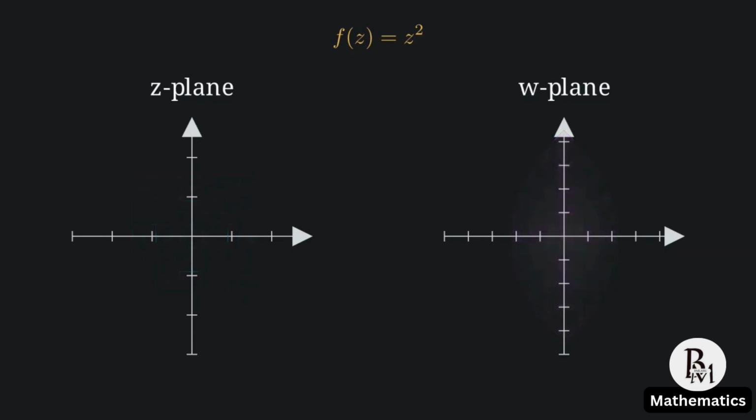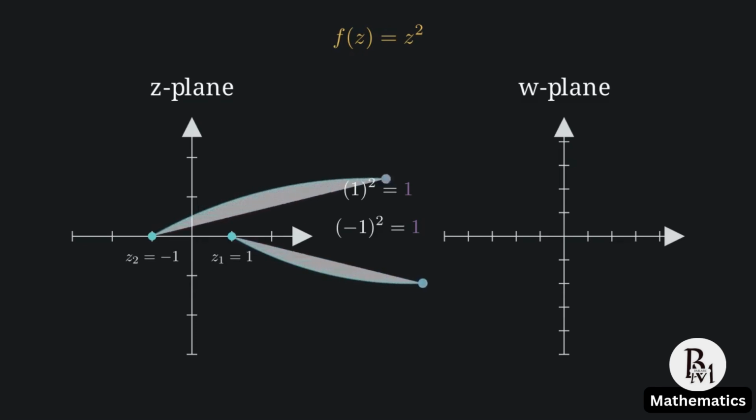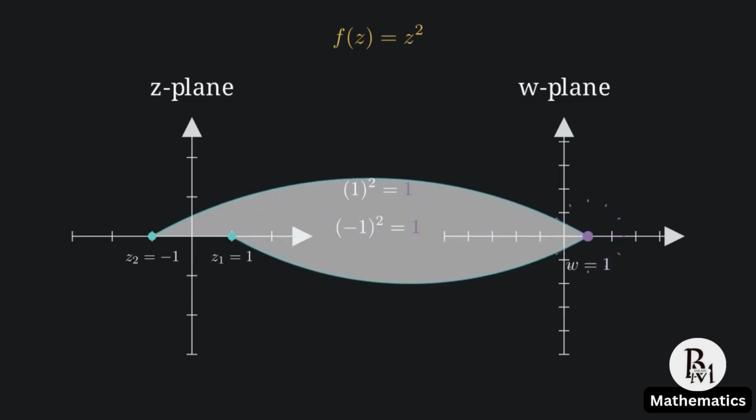To track exactly how this failure occurs, we isolate 2 opposite input points. Let's plot z1 at 1 and z2 at -1. The arithmetic is simple. 1 squared is 1, and -1 squared is 1. Geometrically, this results in a collision. 2 distinct inputs map precisely to a single target point at w equals 1.